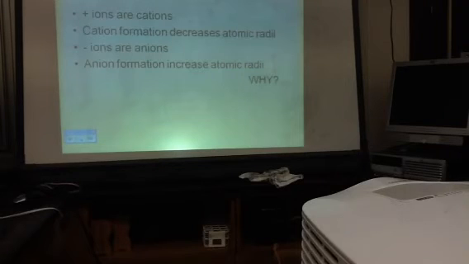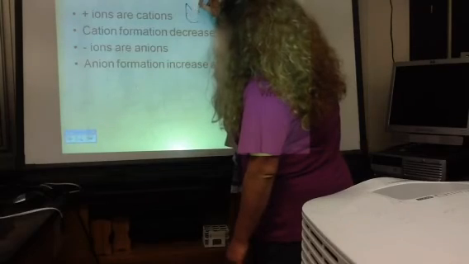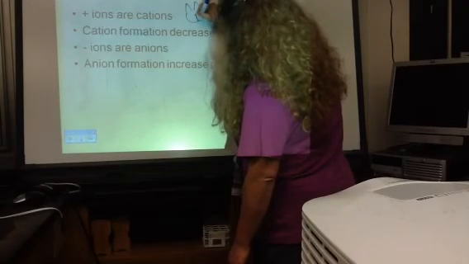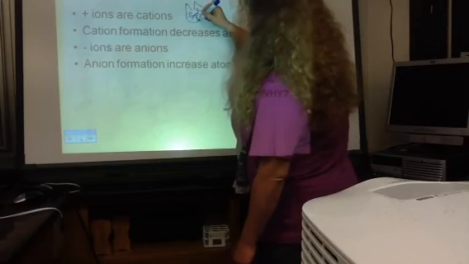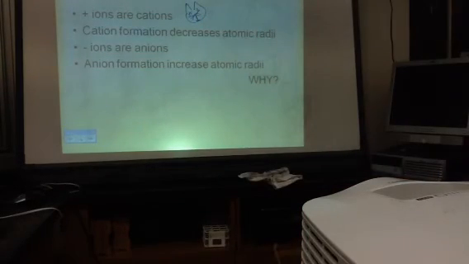Okay, so now let's talk a little bit about ionic radii. Two terms to remember. Positive ions are cations. They're little cat ions.